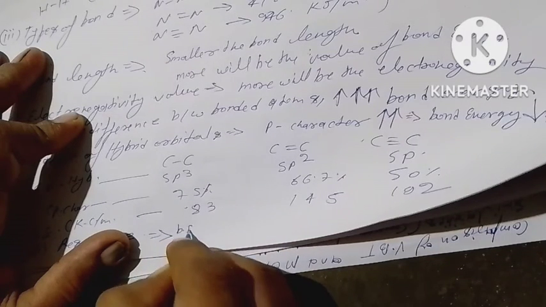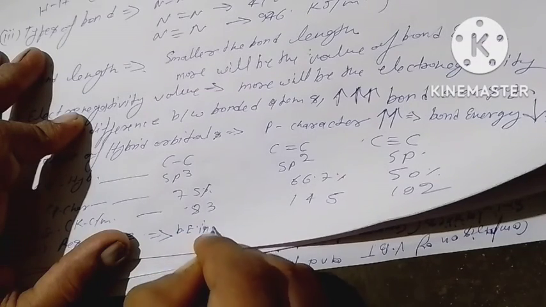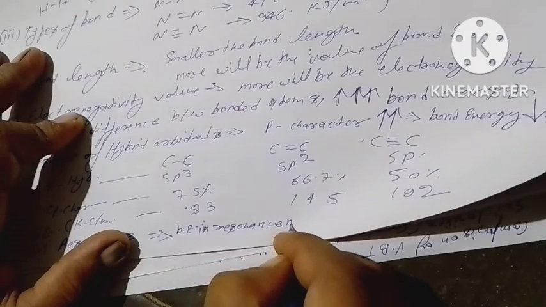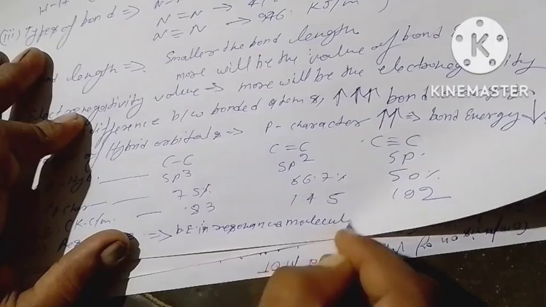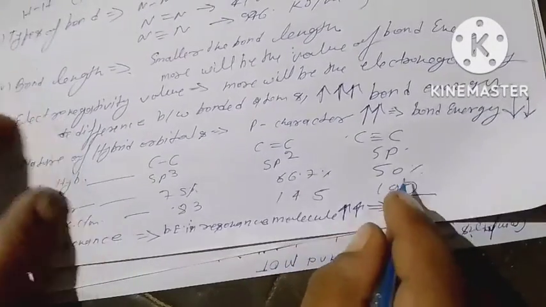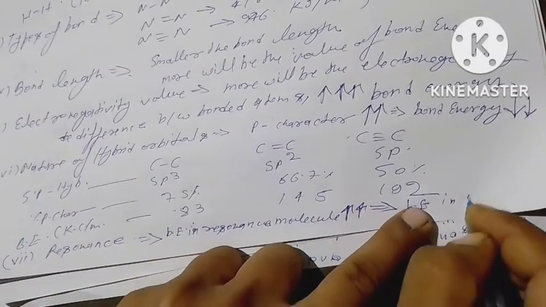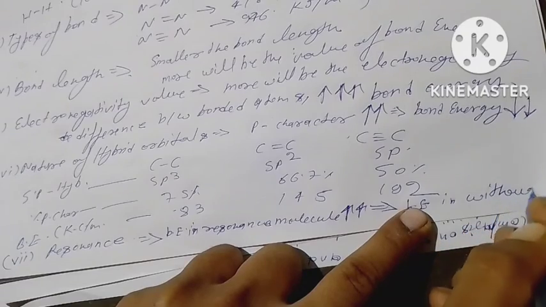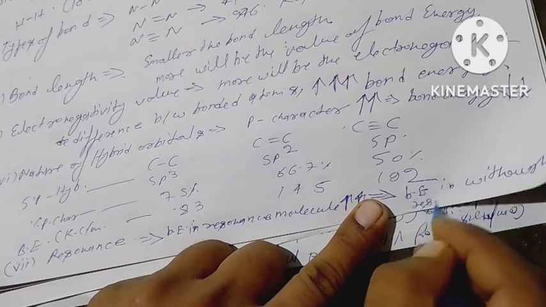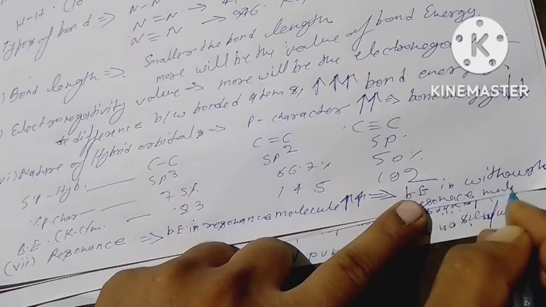Bond energy in a resonance molecule is more as compared to bond energy in a molecule without resonance.